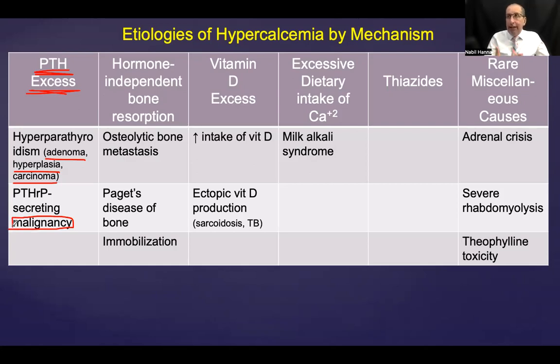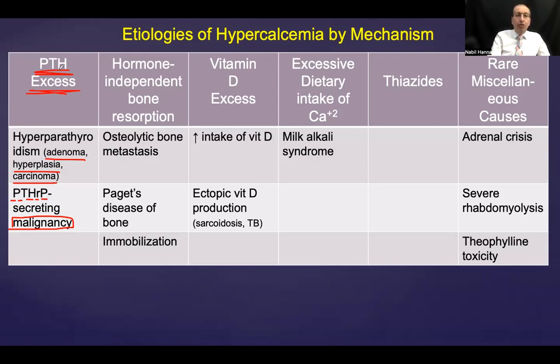A protein comes out from these very malignant cells, and this protein is known as the parathyroid hormone related protein. A protein comes out of the highly malignant cells that resembles the parathyroid hormone in structure and function, and this protein coming out of the highly malignant cells results in very high calcium levels.